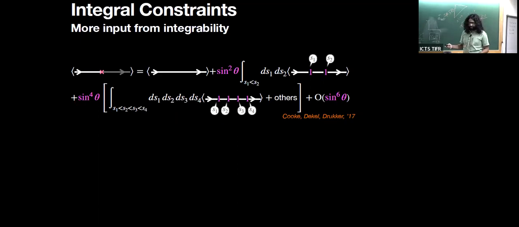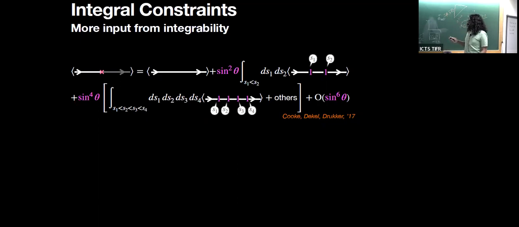You insert 2 displacement operators times sine squared theta. You insert 4 displacement operators times sine to the 4 theta. You actually have also some other contributions at sine to the power 4 theta. And you can expand this order by order in theta.